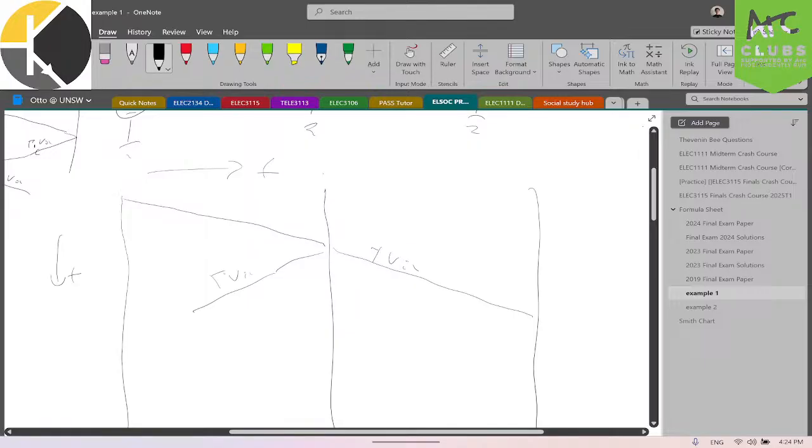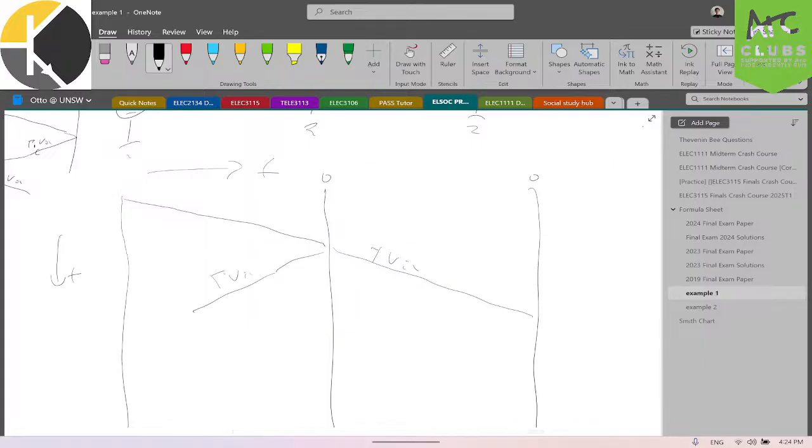So initially the voltage at the interface is 0 and the load is 0. And say you send 1 volt this way, right? And the reflected wave is just going to be gamma times 1, because it's just 1 volt.